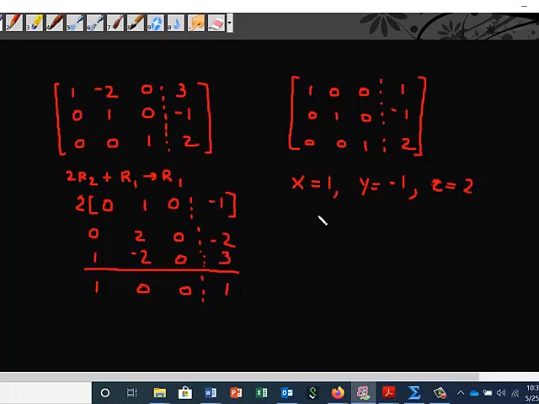So our solution here in 3D, x, y, and z will be 1, -1, and 2. See? Everybody see that? This is our solution, this is our answer.